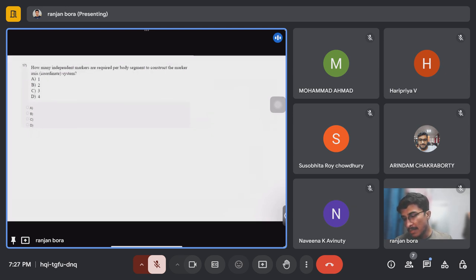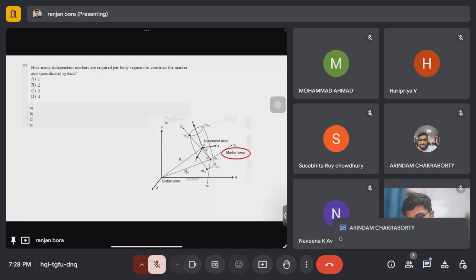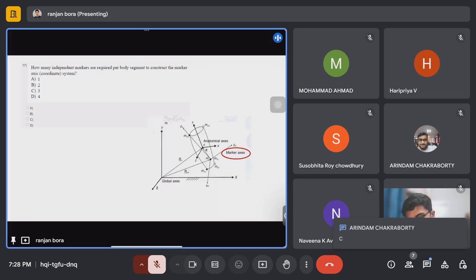How many independent markers are required per body segment to construct the marker axis system? So this is a marker axis system, and these are the markers. This is one marker, two, three. So we have three.